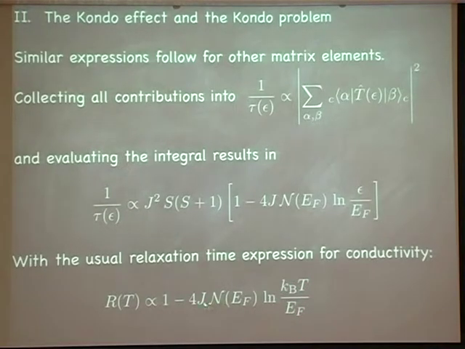Log is negative, compensates that one, and then, whoops, R of T goes up logarithmically. So this actually gives you an increase in resistivity as a function of temperature for low temperatures. This is the new physical effect Wilson was asking for, because now you can have, if you add those different scattering channels, actually formation of a minimum.